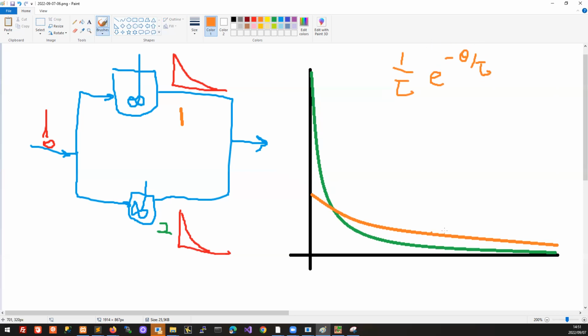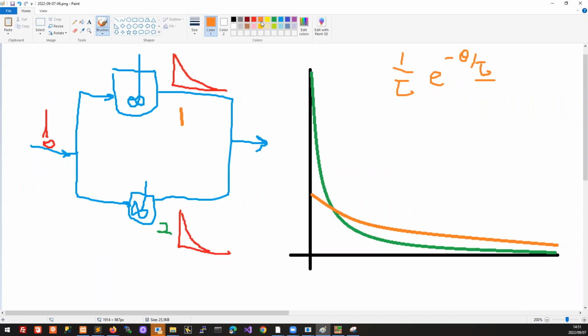You can see a slower decay here, and your 1 over tau will also be smaller, so it's a lower value. That's like tau p1, right? Tau p1 is larger, so 1 over tau p is smaller. It starts lower, but it decays more slowly as well.